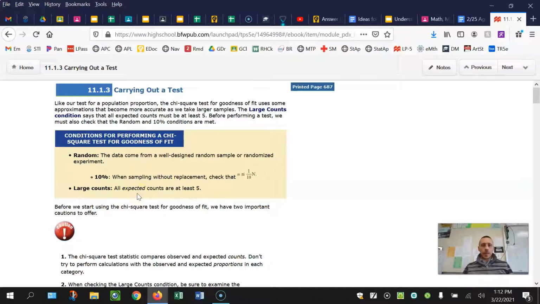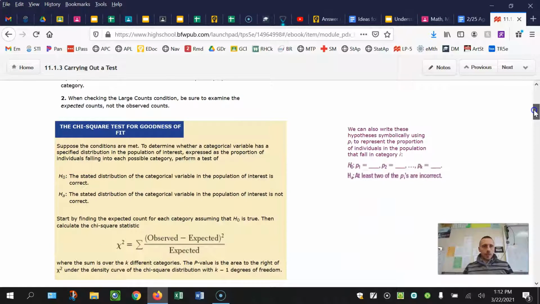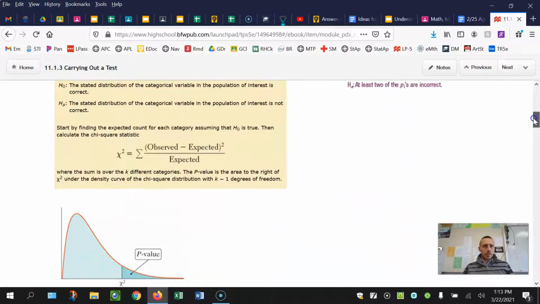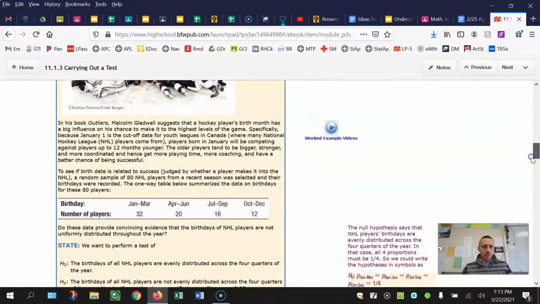It's all the expected counts are at least 5. There are the hypotheses. Basically, the null hypothesis is the distribution is correct or as stated, and the alternative is that it's not. We talked about that already.